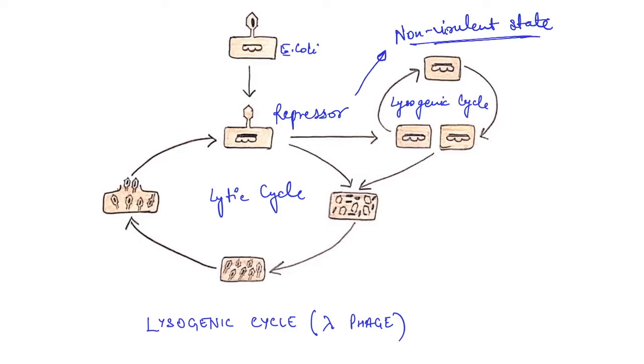Now with the help of enzyme integrase, the viral genome becomes integrated with the chromosomal DNA. So here as you can see that this is the viral DNA, and here we have the chromosome of the host cell, and with the help of enzyme integrase it got attached with the host cell chromosome.